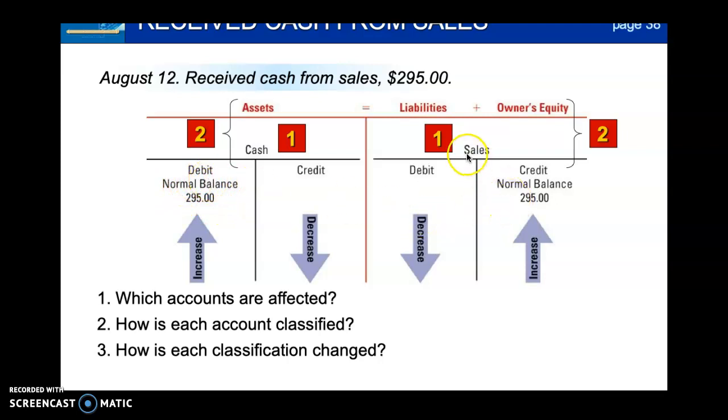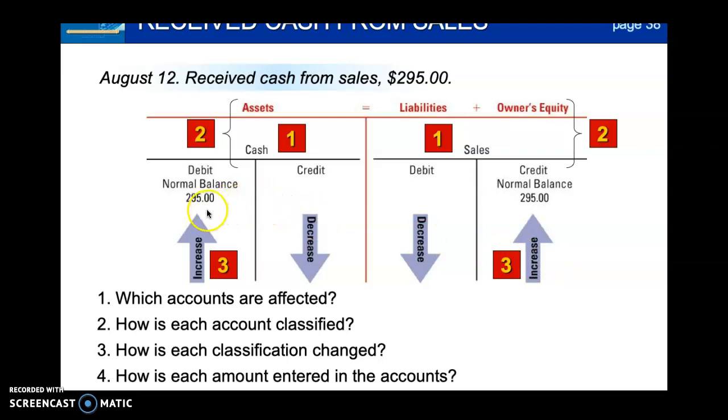We're also making a sale, and so we now have more money in our business. That's how we make money, through sales, and that's owner's equity. We increase the owner's equity side with a credit because it's on the right-hand side of the accounting equation. So that's the increase side.